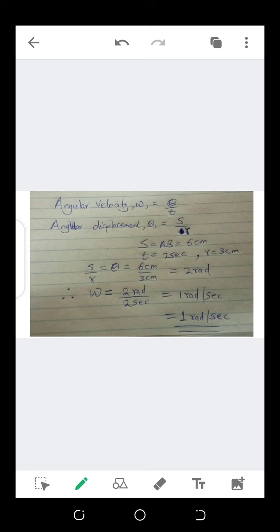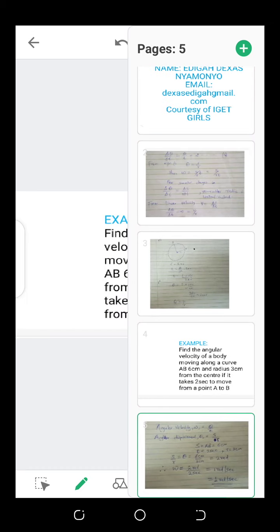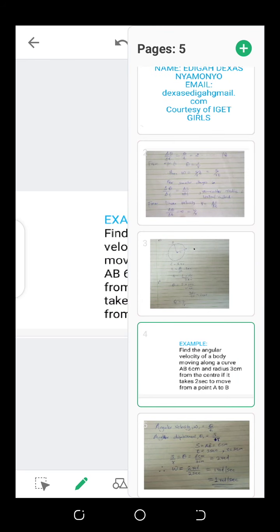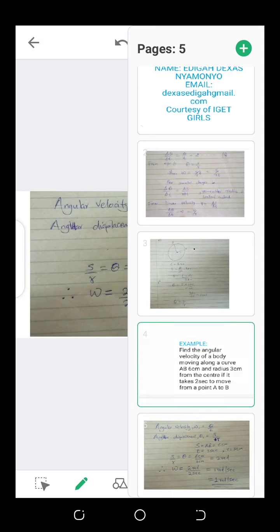From our previous class, we remember that theta, the angular displacement, is S over R, where S is the arc length. Our arc length is given as AB, along a curve of 6 centimeters, so S is 6 centimeters.